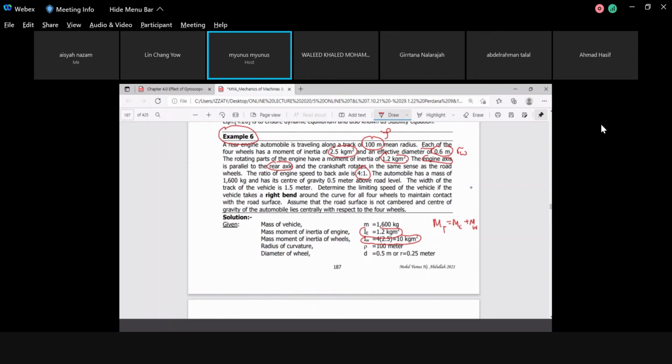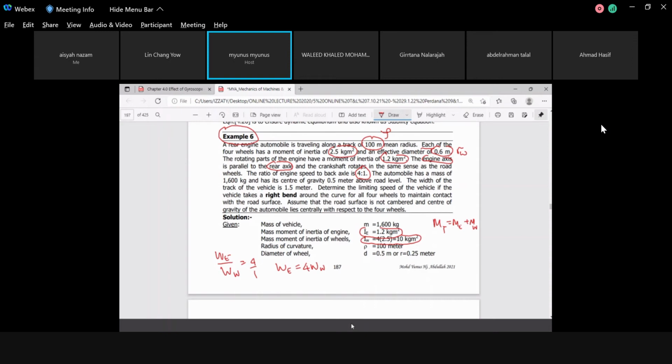This is the ratio, so you can put omega E divided by omega wheel equal to 4 by 1. Or on the other hand, you can also say omega E for the engine is equal to 4 times the omega wheel.